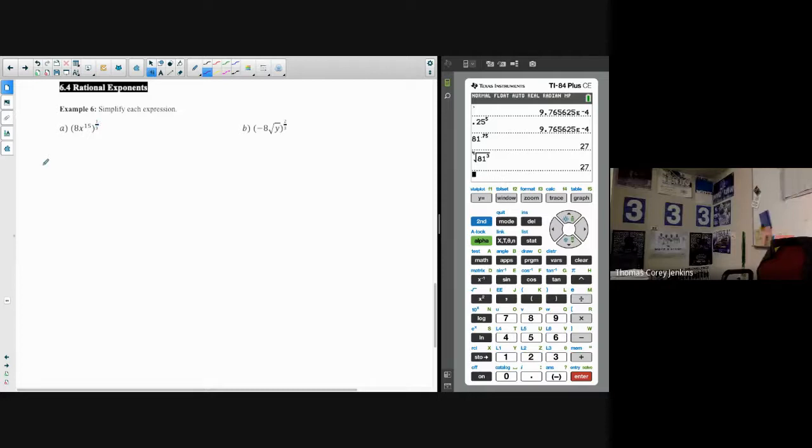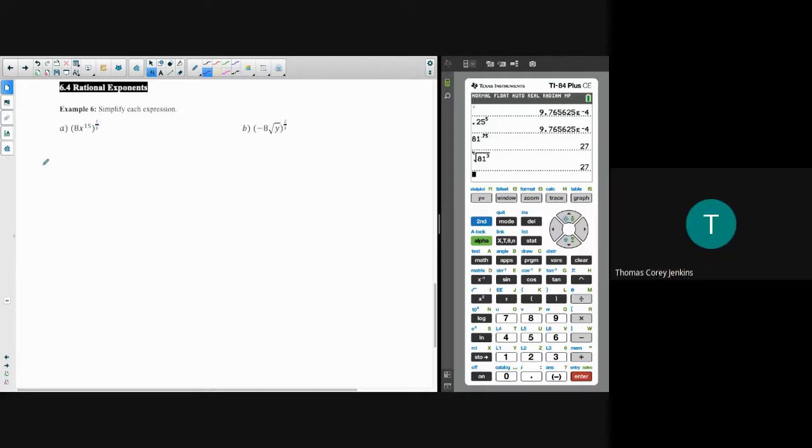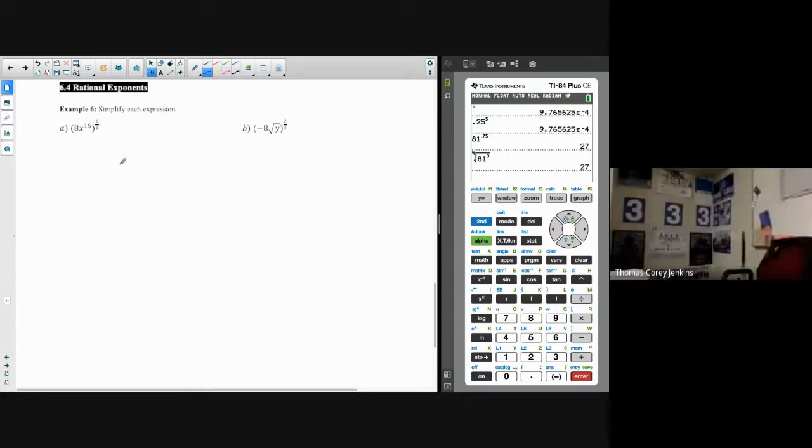So this is equal to 8 to the 1/3 times x to the 15 to the 1/3. And then our exponent here would be to multiply. So 15 times 1/3 would be 15 over 3, which is 5.